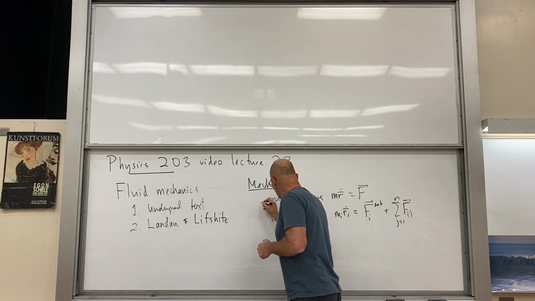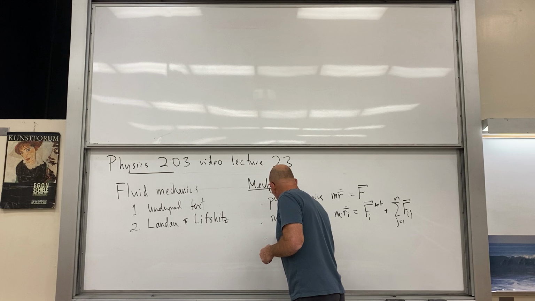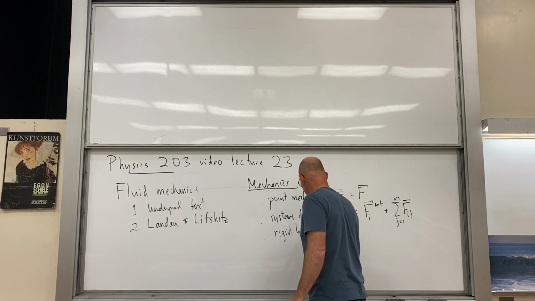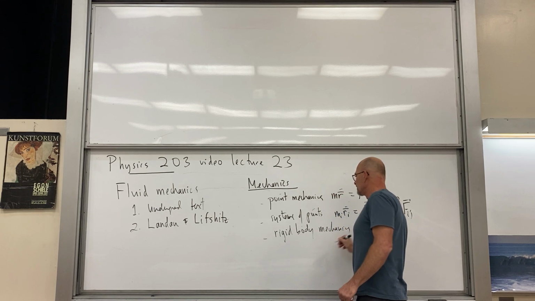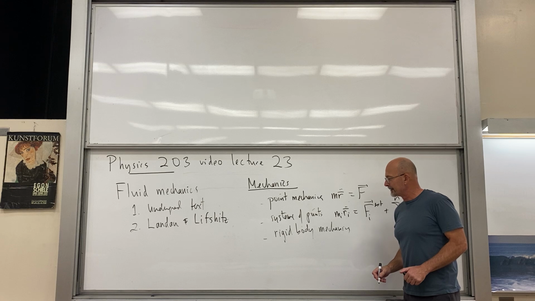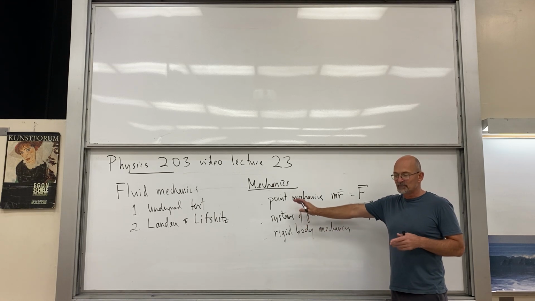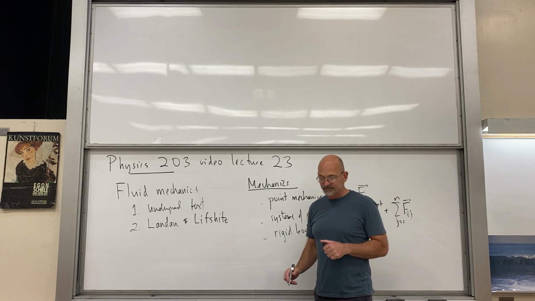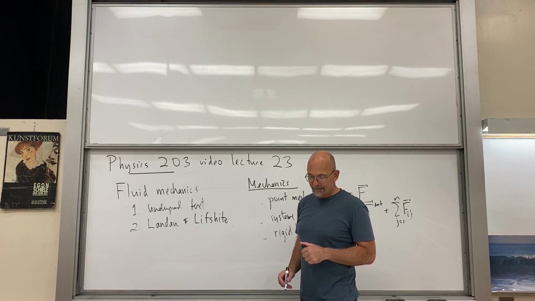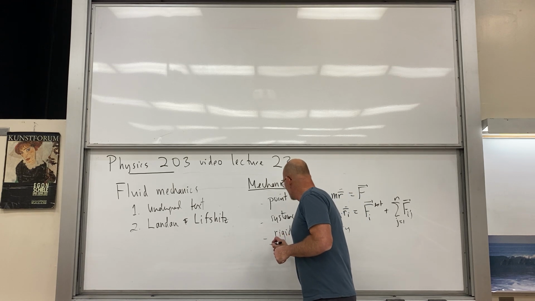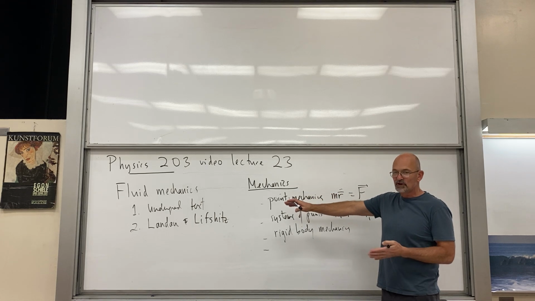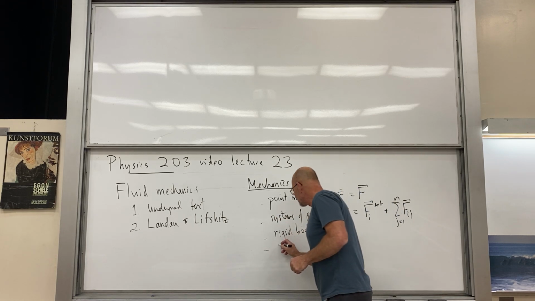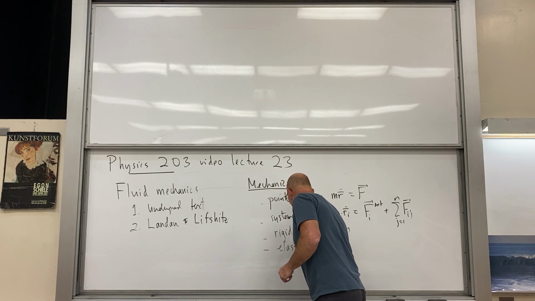Something we didn't cover in this semester, but that you've certainly seen before, is rigid body mechanics. And that would be the classical mechanics that you know so far. Now, if you take the rigid body and don't require it to be completely rigid, then you have elasticity theory.